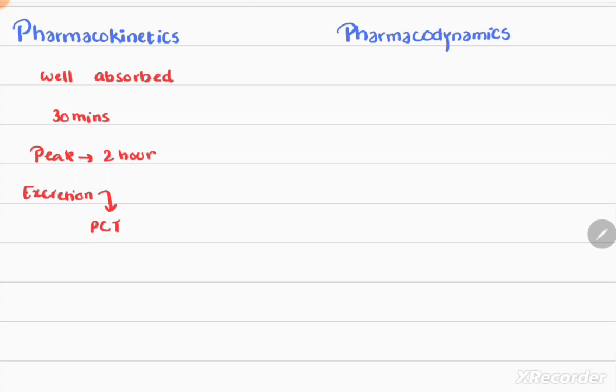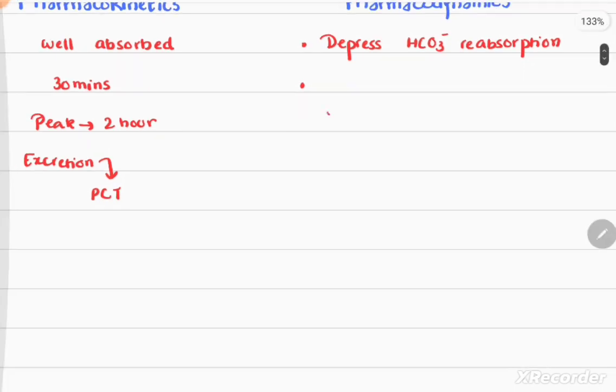So carbonic anhydrase inhibitors depress bicarbonate reabsorption in the proximal convoluted tubule. Also, they are responsible for the depression of the bicarbonate in the aqueous humor of the eye.